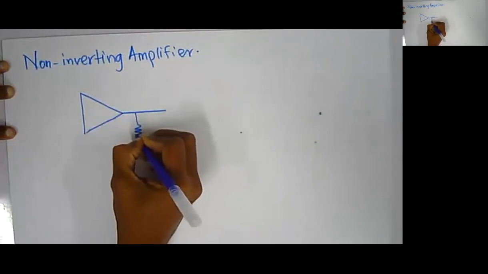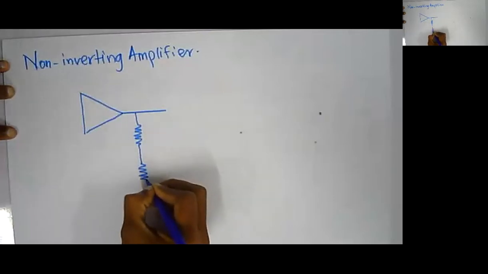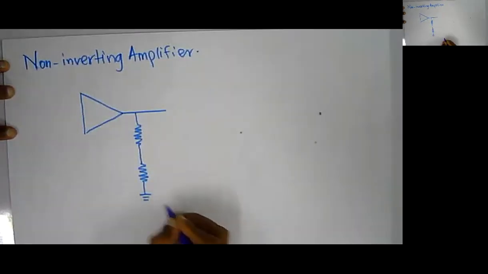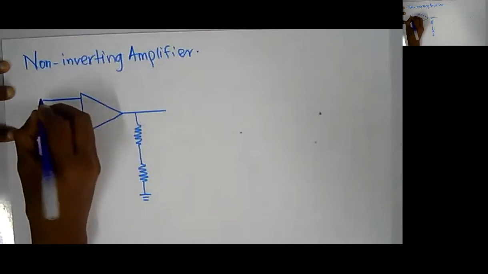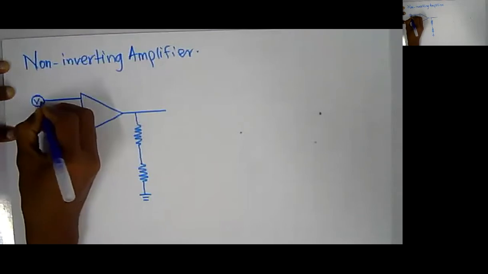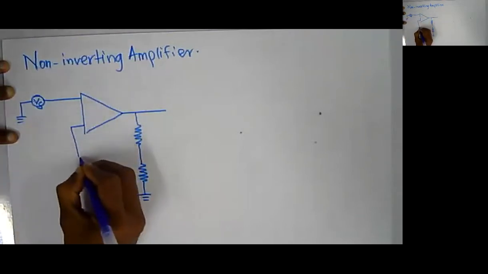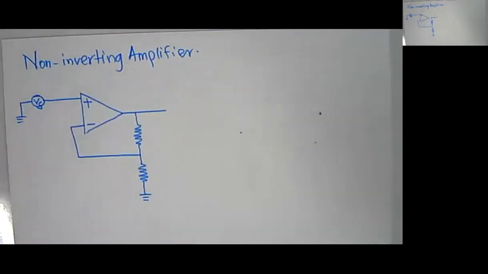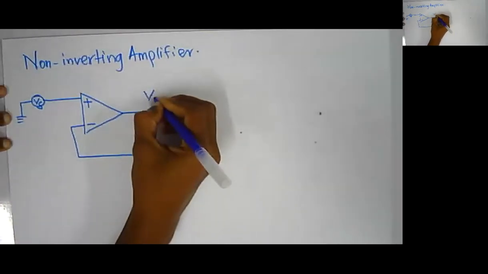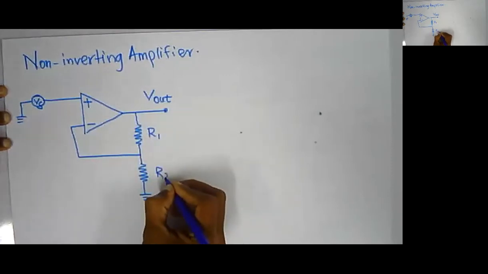But we have a potential divider at the output, and then I will have my Vs there. This is connected to it, right? Let this be minus and this be plus, right? So this is my V out. Let's take it as R1 and R2.